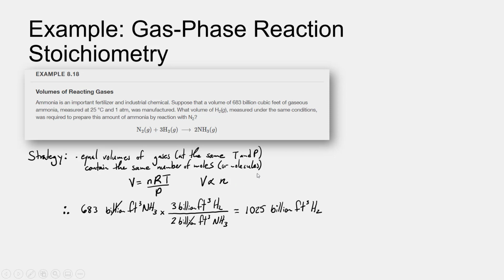According to the ideal gas law, as long as pressure and temperature are not changing, volume reflects the number of moles. So we can do this problem just knowing the volume of the gas that we started with.